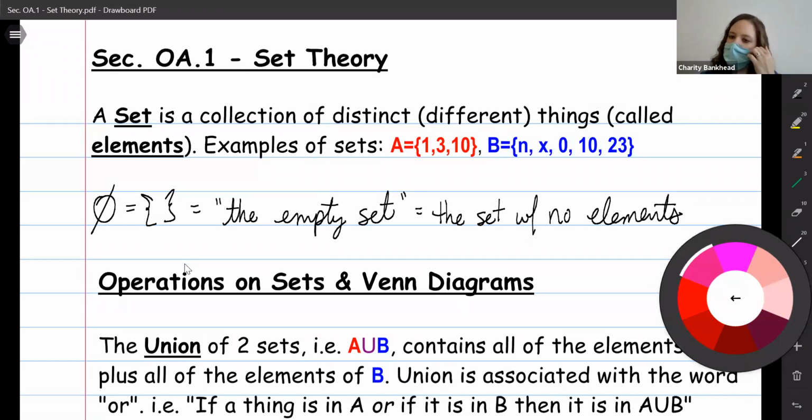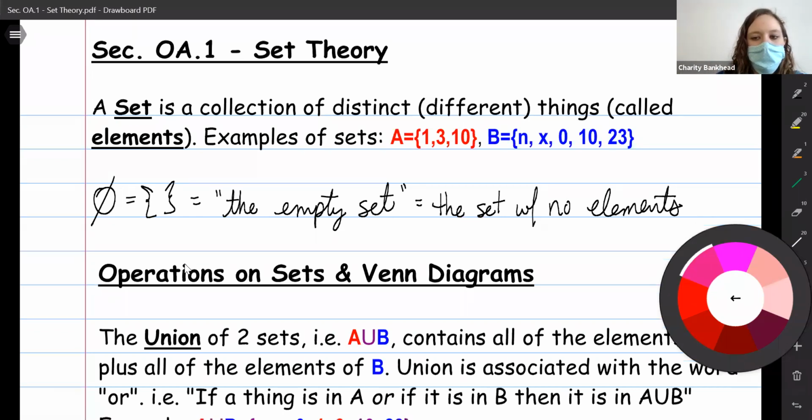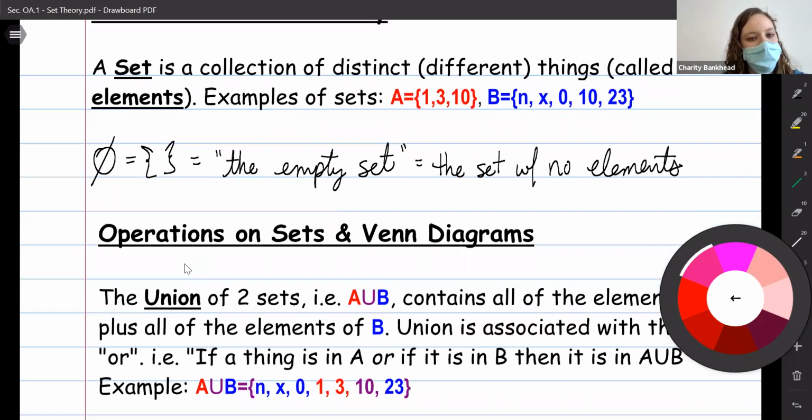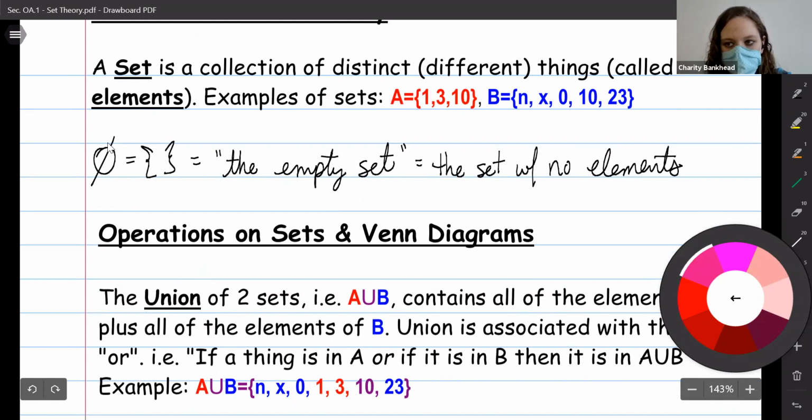Set A has the elements 1, 3, and 10, and set B has the elements N, X, 0, 10, and 23. There's also the empty set, which has no elements. It can be represented by a 0 with a slash through it, or by curly braces with nothing in between.